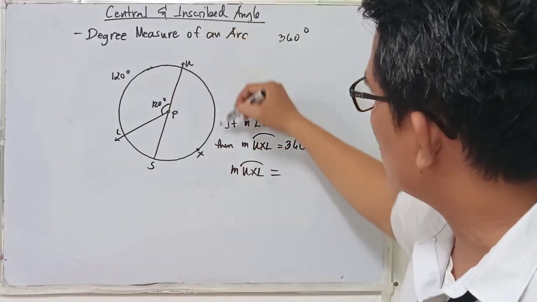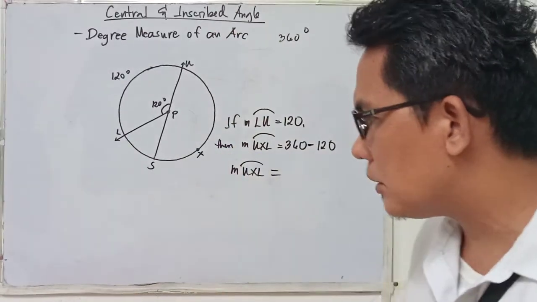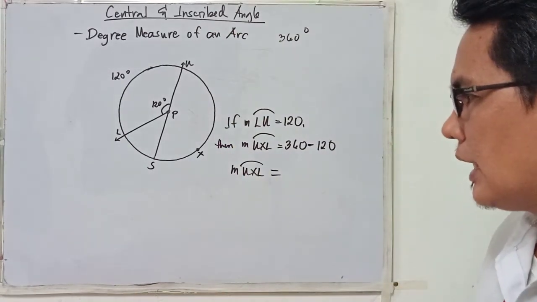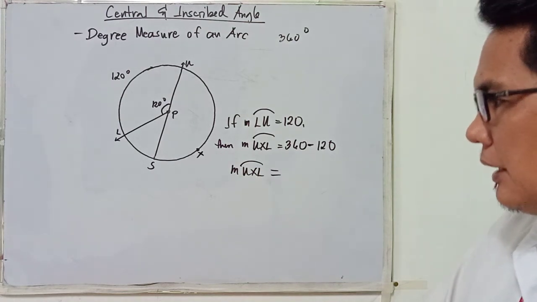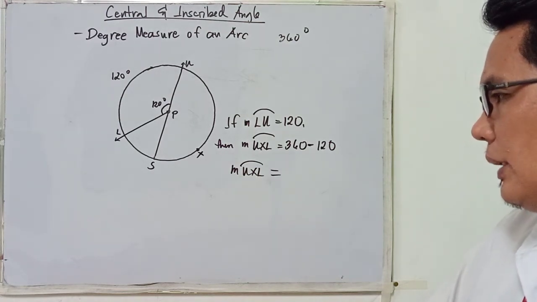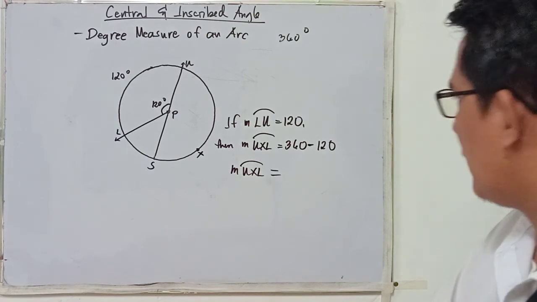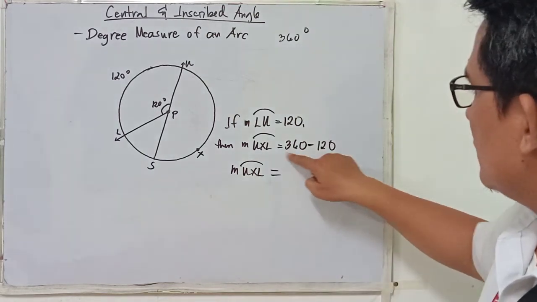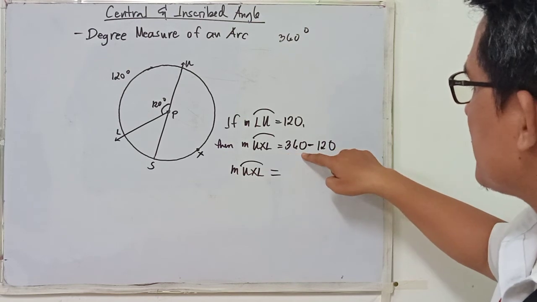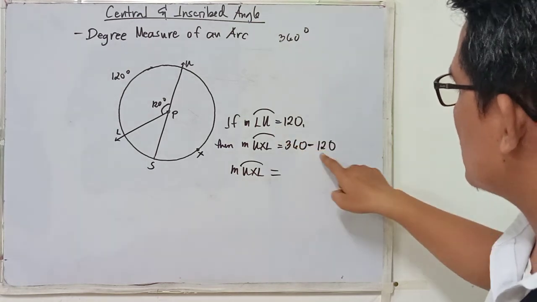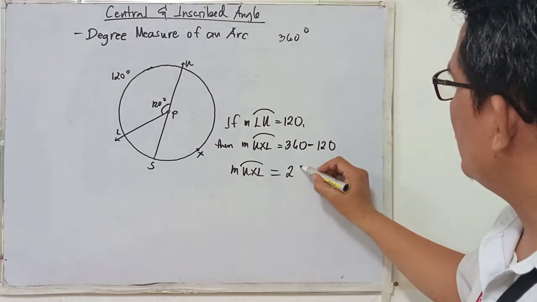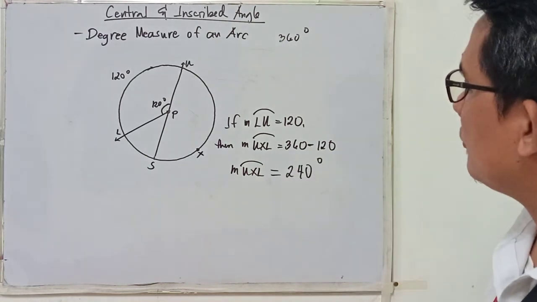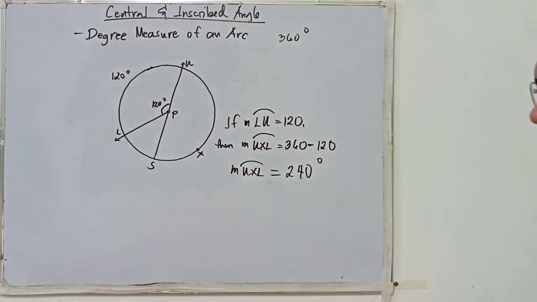Try to correct your modules there. That is not 180, instead that is 120. That is only a clerical error. Again, that is 120 instead of 118. The full rotation of the circle is 360 minus our LU, which is 120. So the answer is 240 degrees. Therefore, the major arc UXL is equal to 240 degrees.